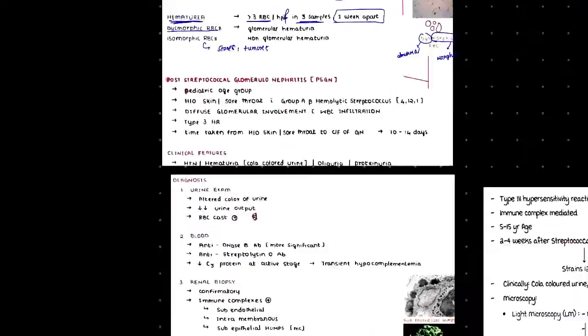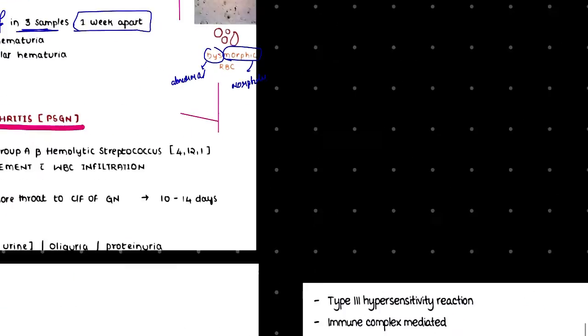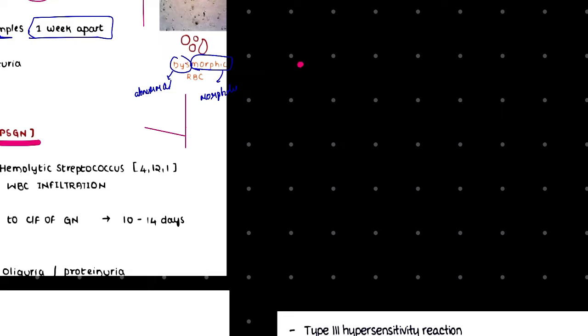Now we are talking about post-streptococcal glomerulonephritis. As the name suggests, post means after. After streptococcal infection, there will be glomerulonephritis, right? This is called PSGN. Now let me again recall the things that we have just gone through, and what we are talking about right now.